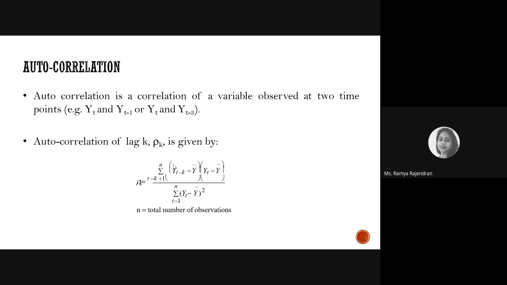It can be t minus 7 or t minus 1 or anything. Hope you're able to understand the formula for autocorrelation.